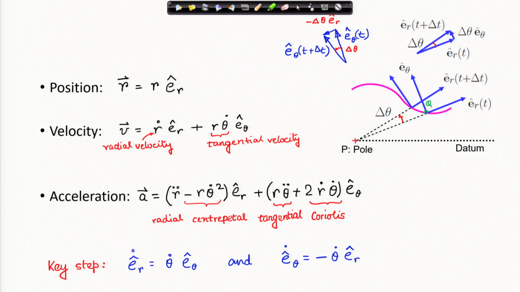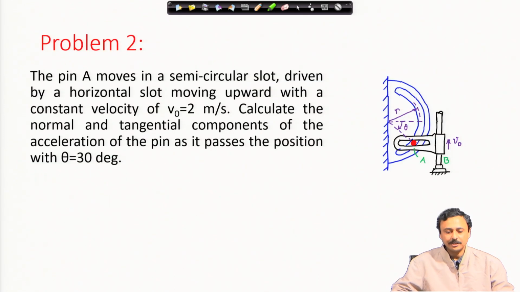Now, let me remind you that the key step in all these derivations has been e_r cap dot is theta dot e_theta cap and e_theta dot is minus theta dot e_r, and this will come again later on.